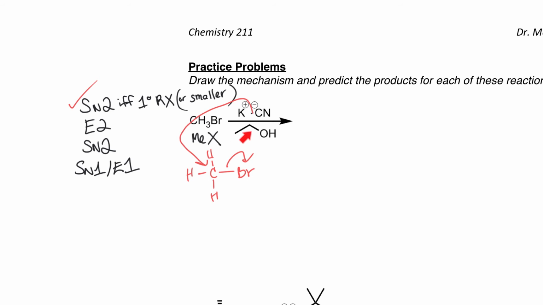Yeah, we have a polar protic solvent, but that's not enough to stop an SN2 from happening. So we have MeCN. All right, simple enough.